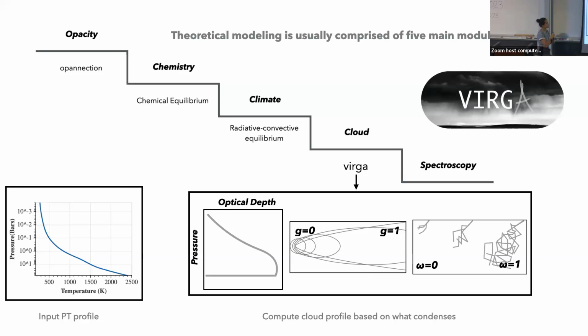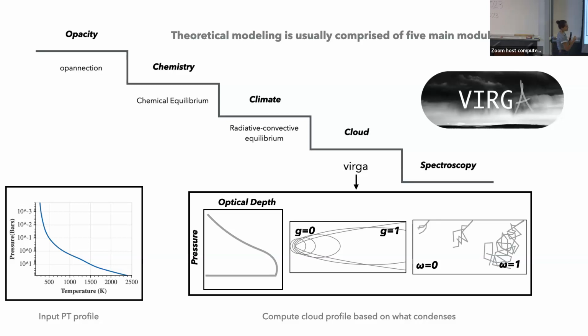Virga is the second model that's embedded within this tutorial. Virga gives you out 3 specific parameters that you need to do your spectra. The optical depth, which basically describes how much cloud is in your atmosphere. The asymmetry parameter, which we usually refer to as G, which describes how forward or isotropic the particles in your atmosphere are.